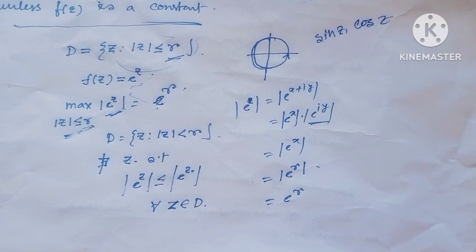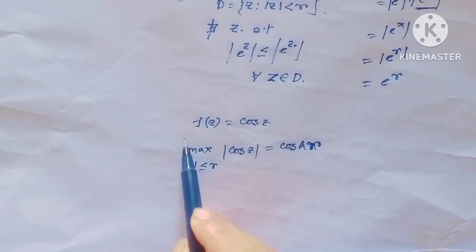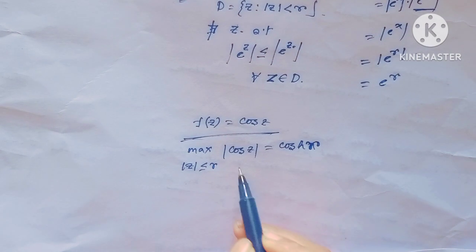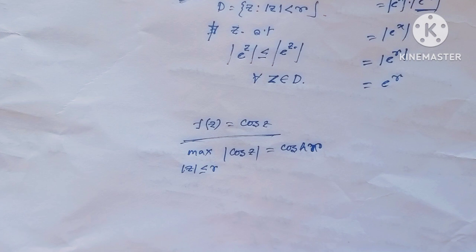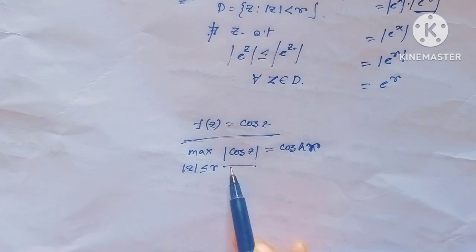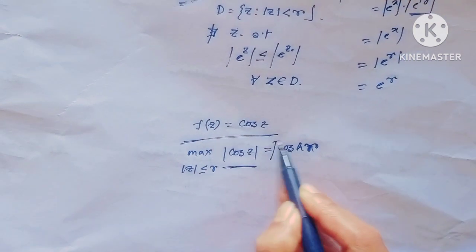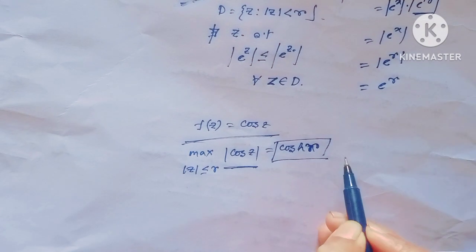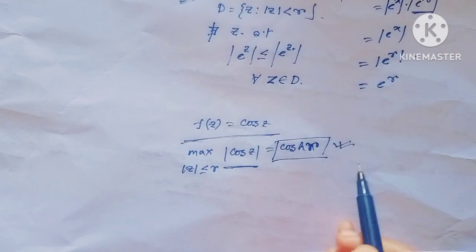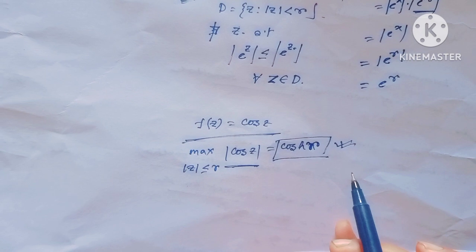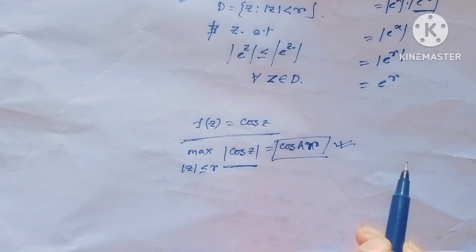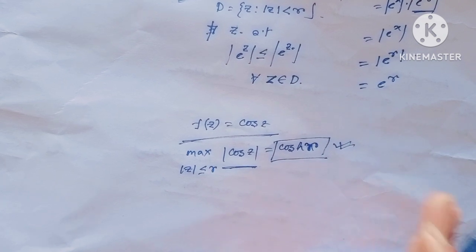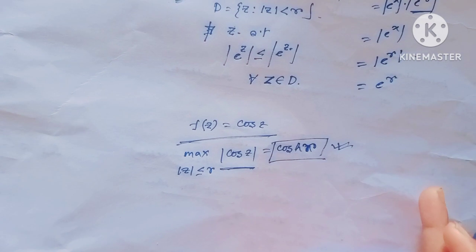If you consider f(z) equal to cos z, then the maximum value on this domain, modulus of z less than or equal to r, of the absolute value of cos z would be cosh r. And why cosh r? Just try it yourself. If you can find cosh r, then do comment in the comments box. I will solve it in my next video also.